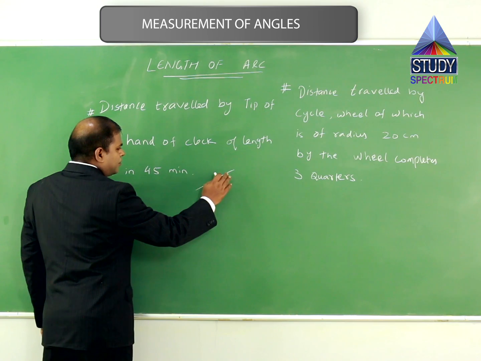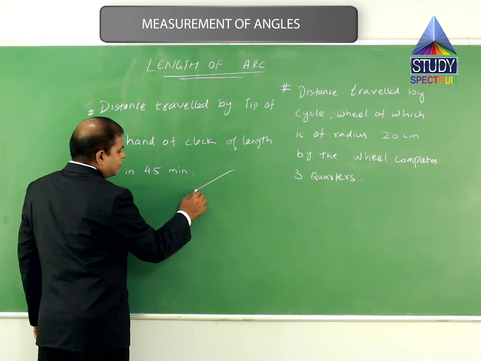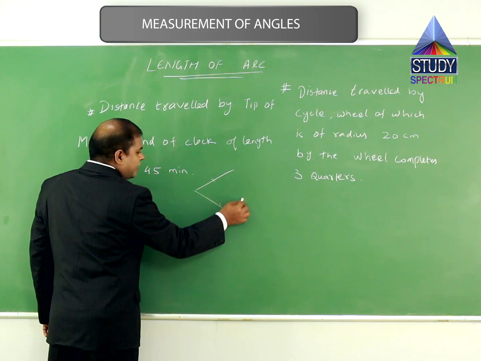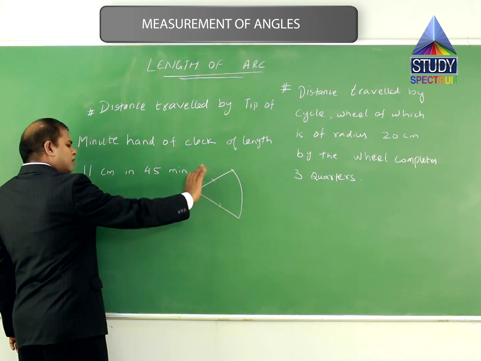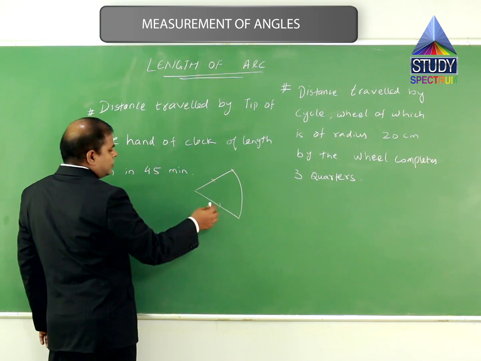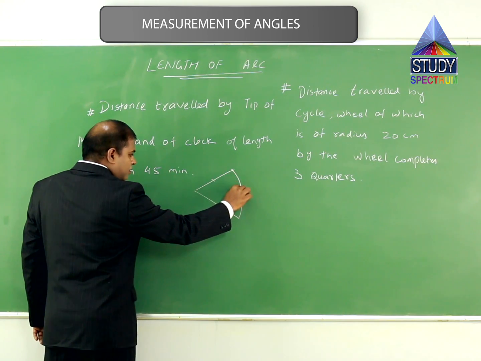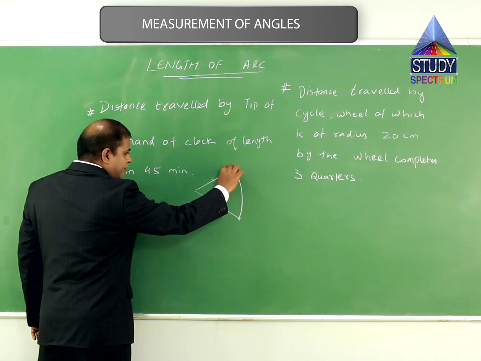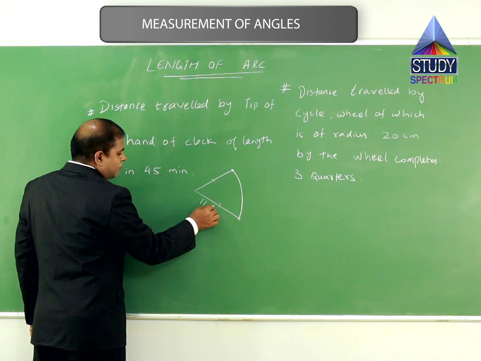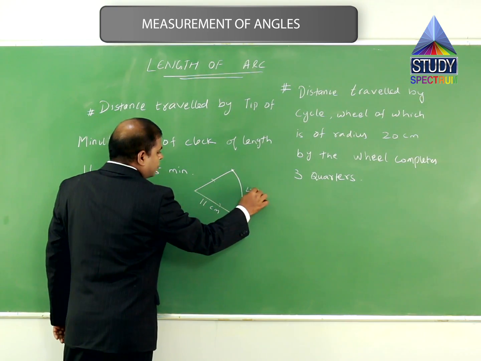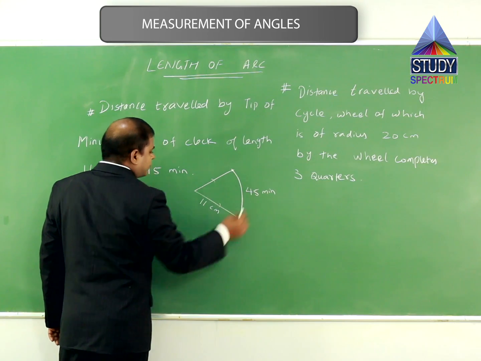Suppose there is a minute hand of a clock. It rotates in a clockwise sense. The question is, what is the length or distance traveled by the tip of the minute hand of a clock which is 11 centimeter in length in 45 minutes?